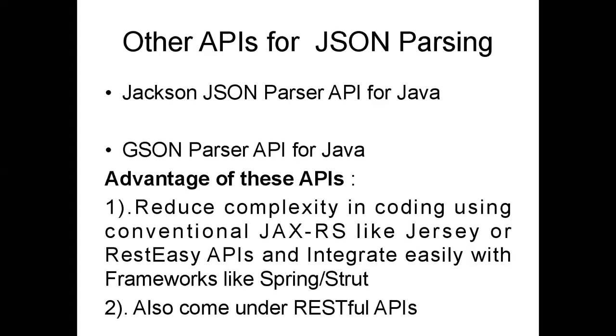Instead, they will use frameworks like Spring or Struts. So to integrate your web services into your frameworks, Spring or Struts, the suitable things are this Jackson type of JSON parser and JSON type of parser. And also they come under RESTful APIs. These two also come under RESTful APIs.